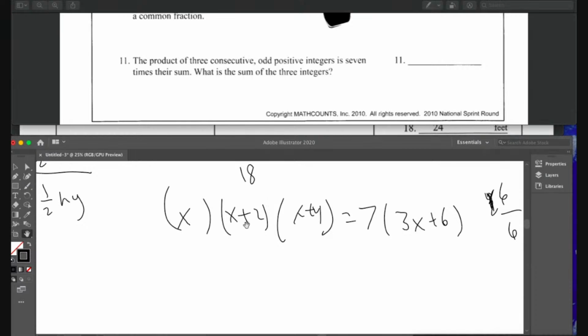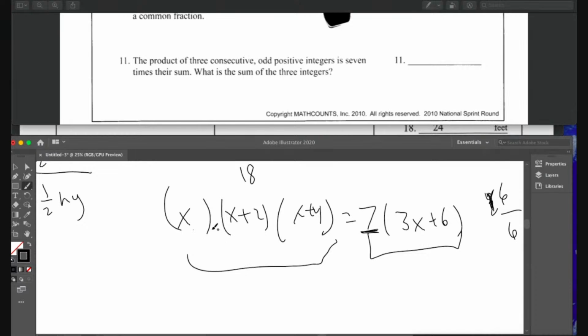Because these numbers are integers, the product on this side is an integer, and the product on this side is also an integer. But the integer product on this side must include a factor of 7, because we have a 7 right here. Because the two products are equal, this integer product must also include a factor of 7.